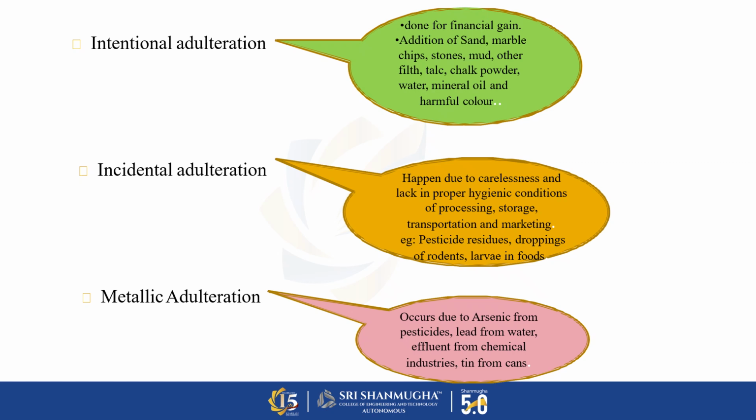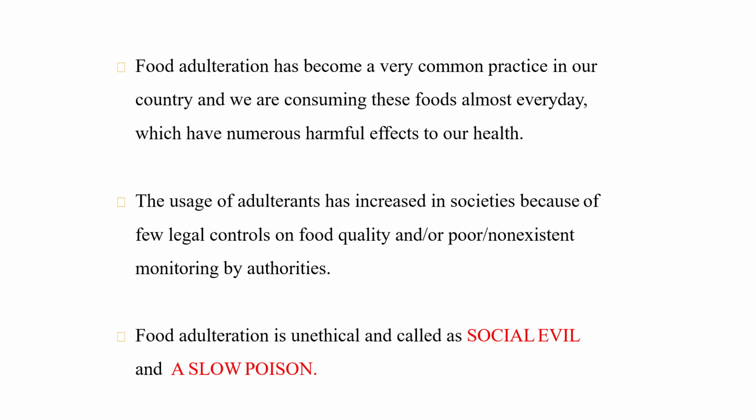So these are all examples of incidental adulteration. Next is metallic adulteration. It occurs due to arsenic from pesticides, lead from water, and some chemical industries. So this is the example of metallic adulteration.